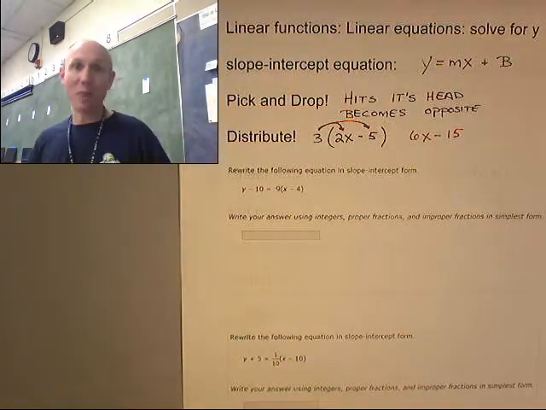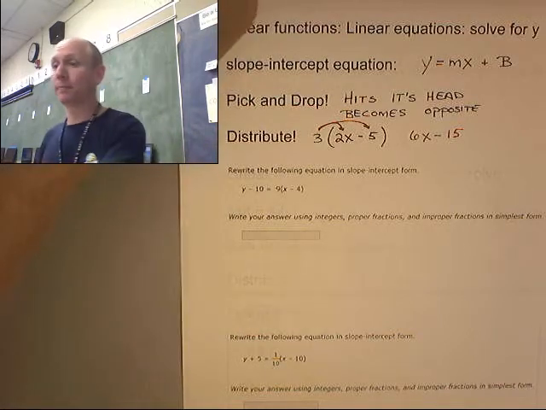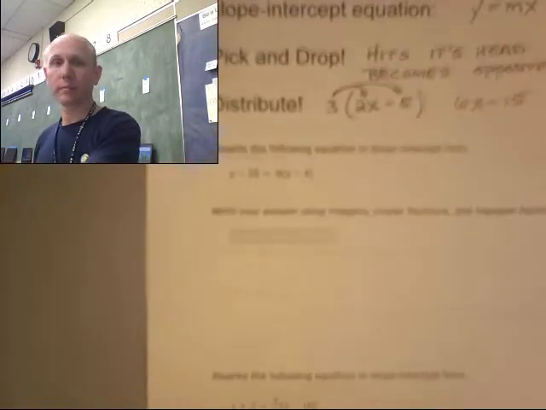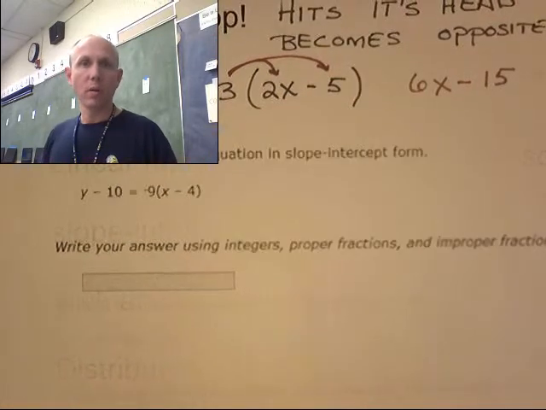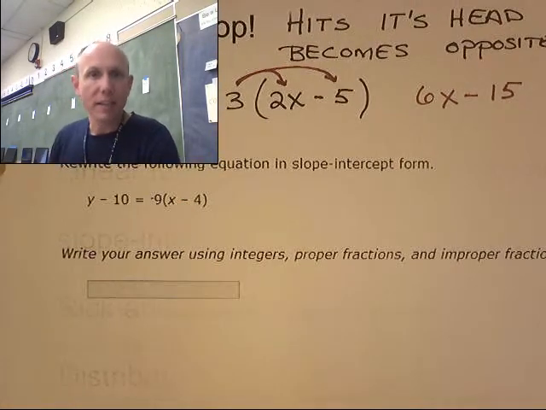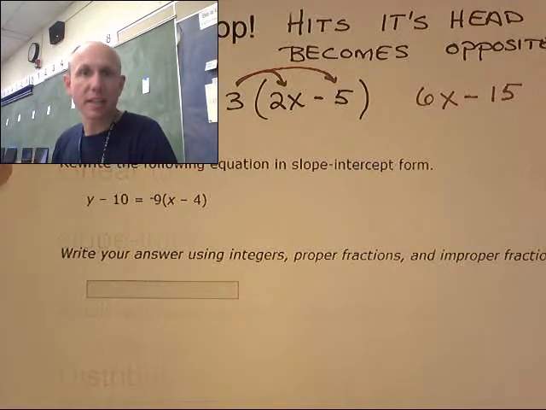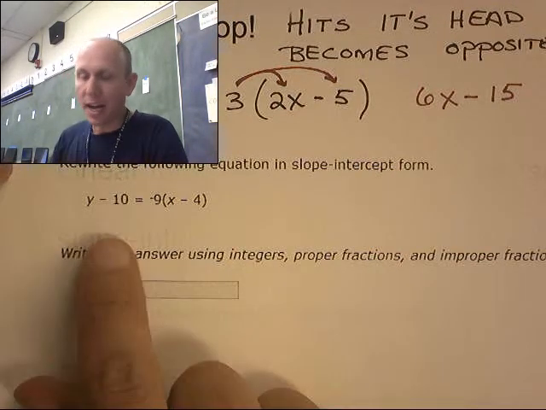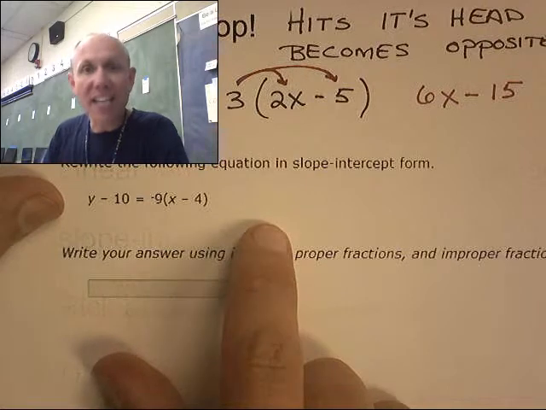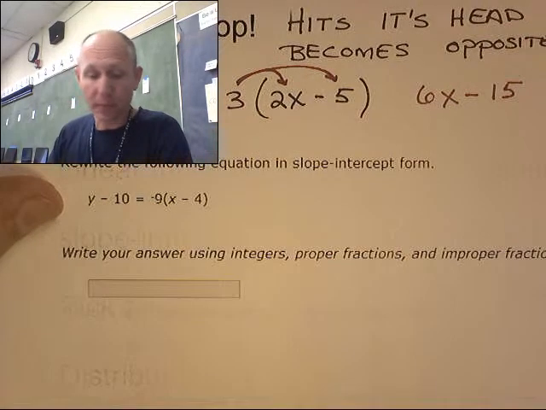All right, so you ready for this? Because I am. y minus 10 equals negative 9 times x minus 4. I want this to be y equals something something.